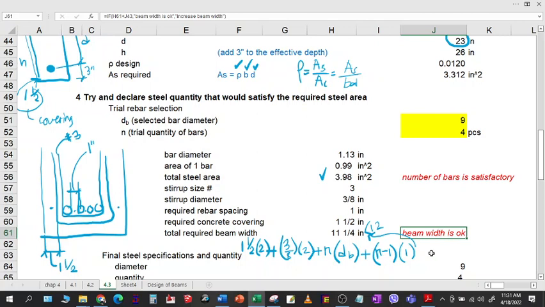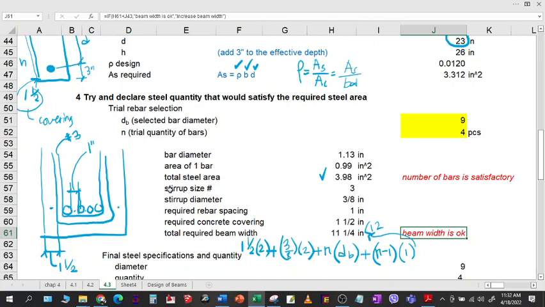Otherwise, you have to increase the width, or maybe look for another rebar, a higher diameter rebar that would satisfy the spacing. Because if the rebars are too close, then the aggregates cannot pass through, and it will cause honeycomb and all sorts of defects in the concrete.